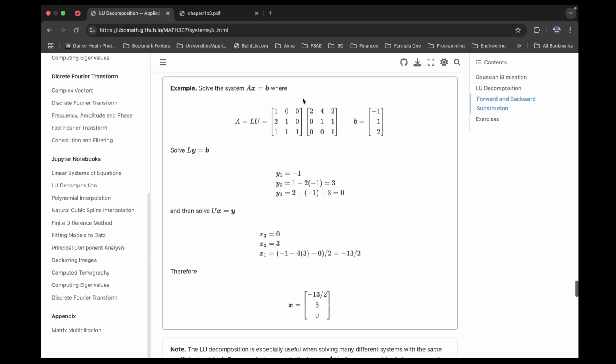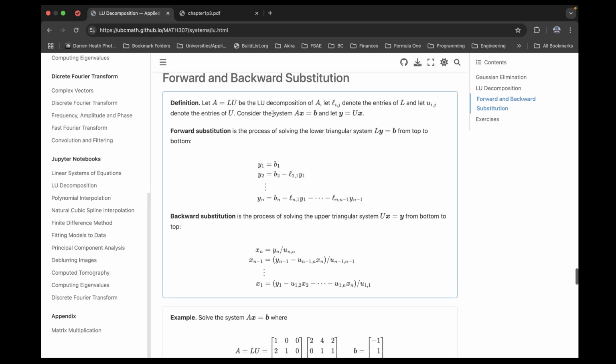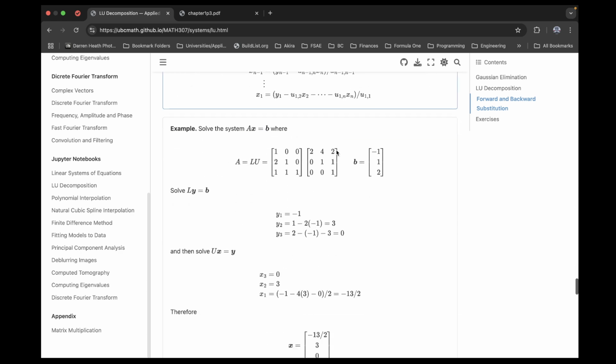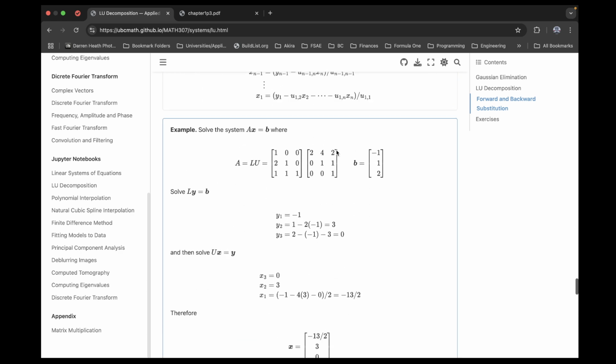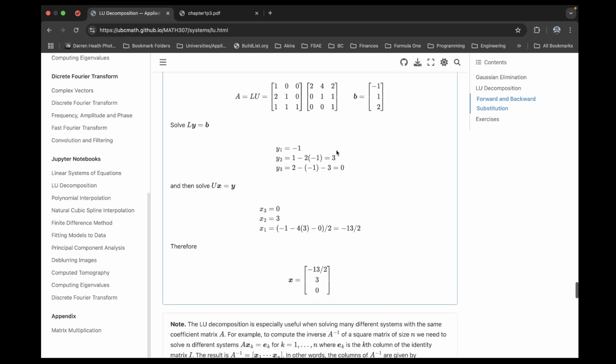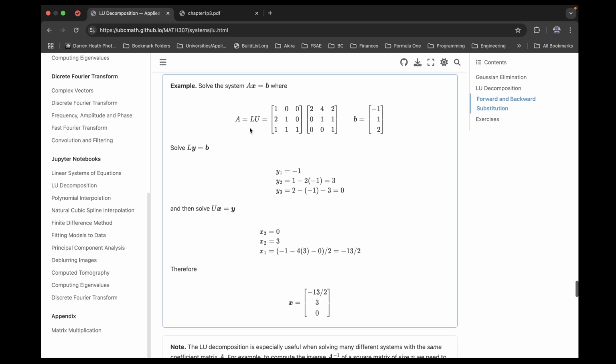Okay, we're just going to look at the example because this definition doesn't really make sense straight out the gate. So solve the system AX equals B where A equals LU and B is this. Also, given an LU and a B, we can find an X, so we don't need A, it looks like.